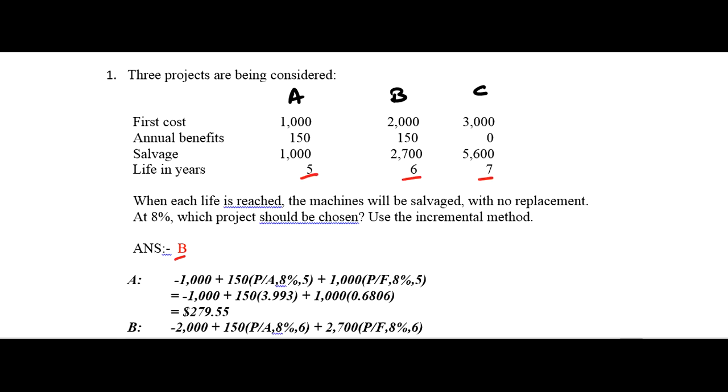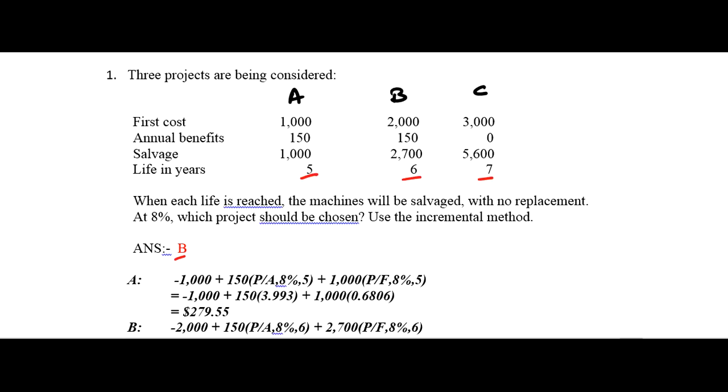So for A, you have the first cost, the initial cost, so it should be subtracted, that is a negative value of minus 1000 plus 150 times, that is the annual benefit, 150 times P/A. The percentage is given as 8%, and you have the n value for A as 5, plus the salvage value, that is 1000 times P/F, 8%, 5.